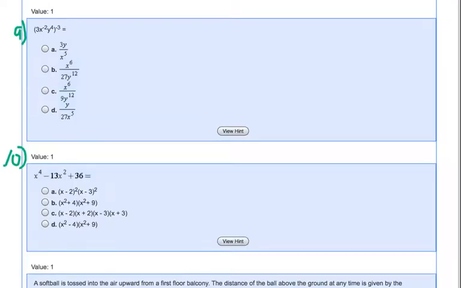Now for number 9. This question is about exponents. Basically, it's negative exponents. So for negative exponents, you have a to the negative nth power equals 1 over a to the nth power.